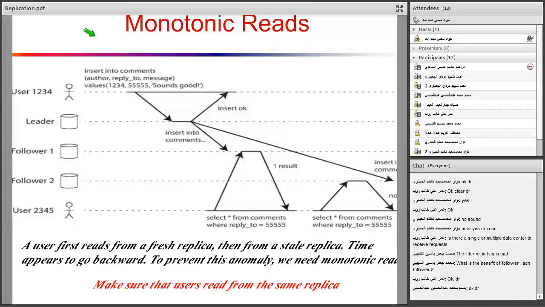What is the benefit of follower one and follower two? There is not any benefit between follower one and follower two. It depends on their status. For example, when follower one is closer to the leader, it's possible that follower one gets information sooner than follower two.